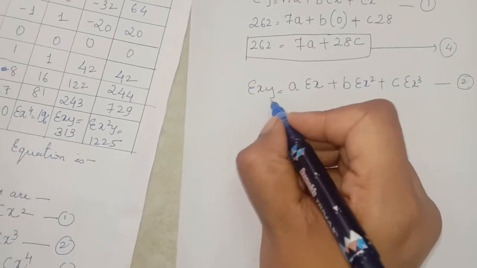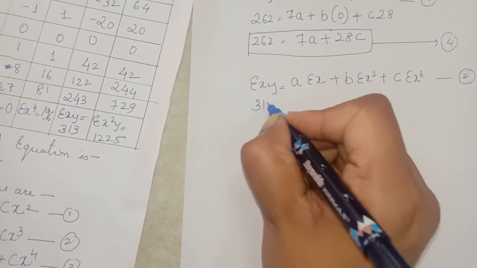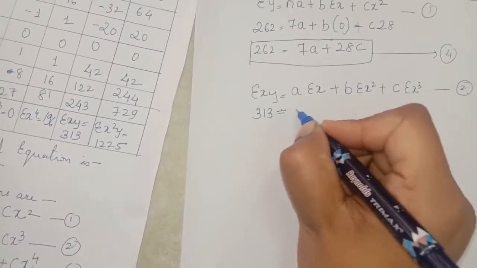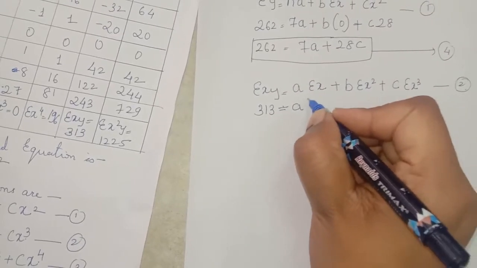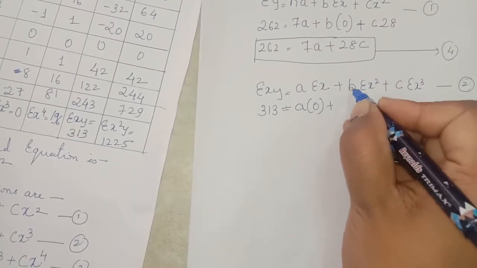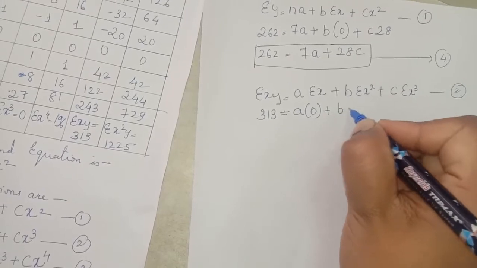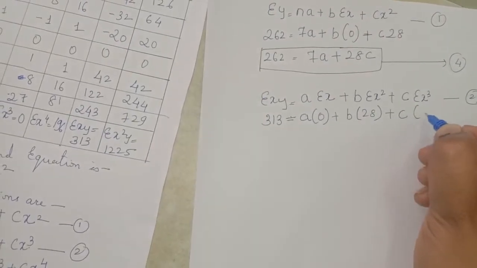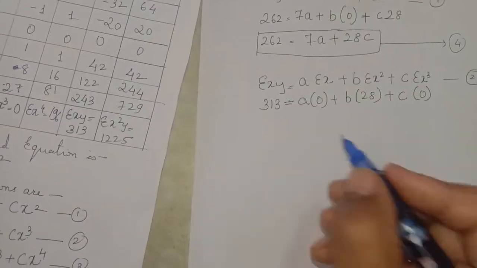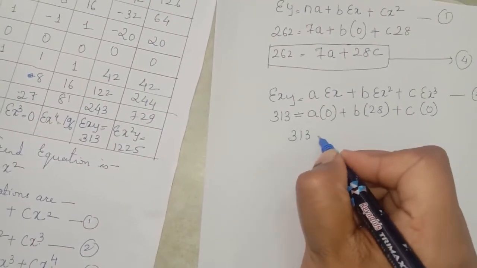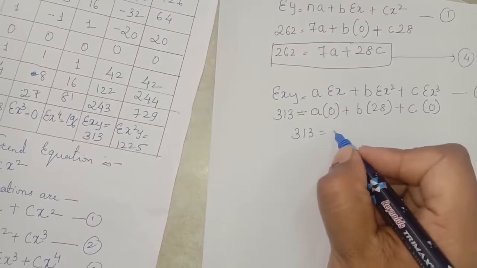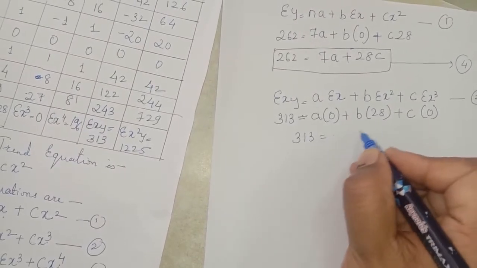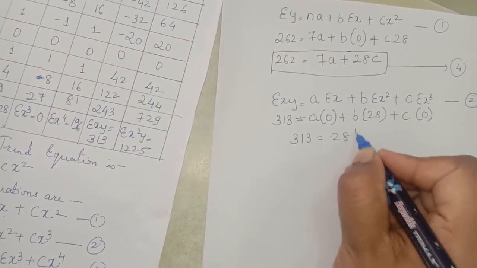Summation xy, see in the table, summation xy is 313, is equal to a, value don't know, summation x is always 0, plus b summation x square. Summation x square is 28, plus c summation x cube is 0. Now 313 is equal to 28b.